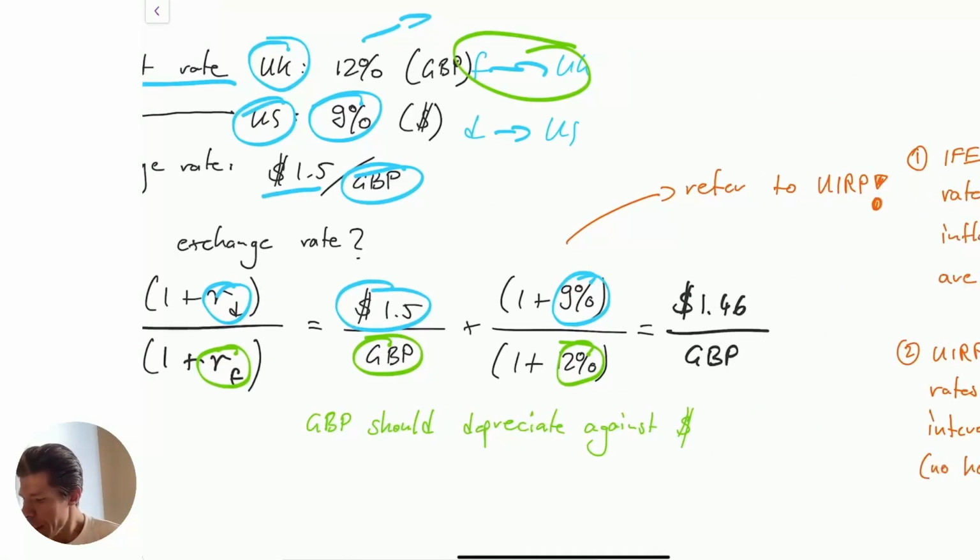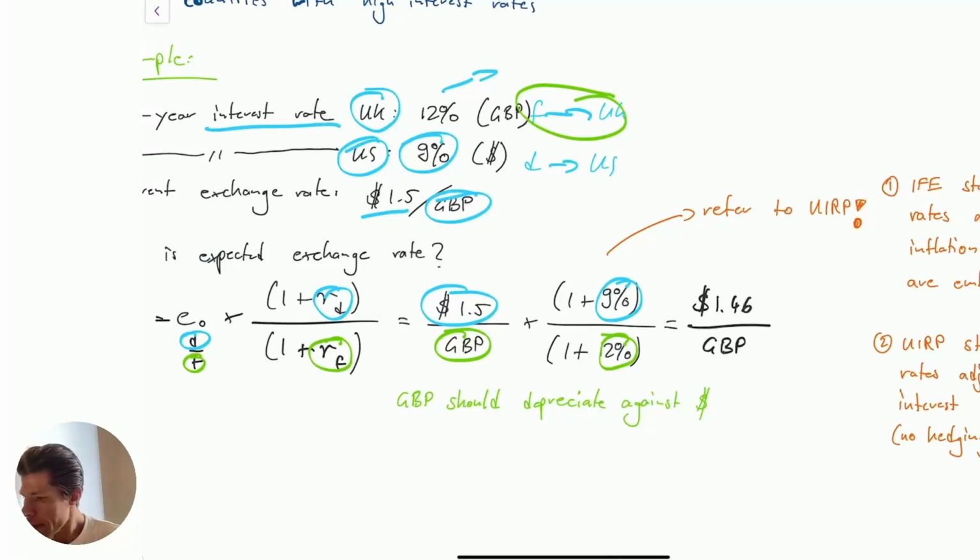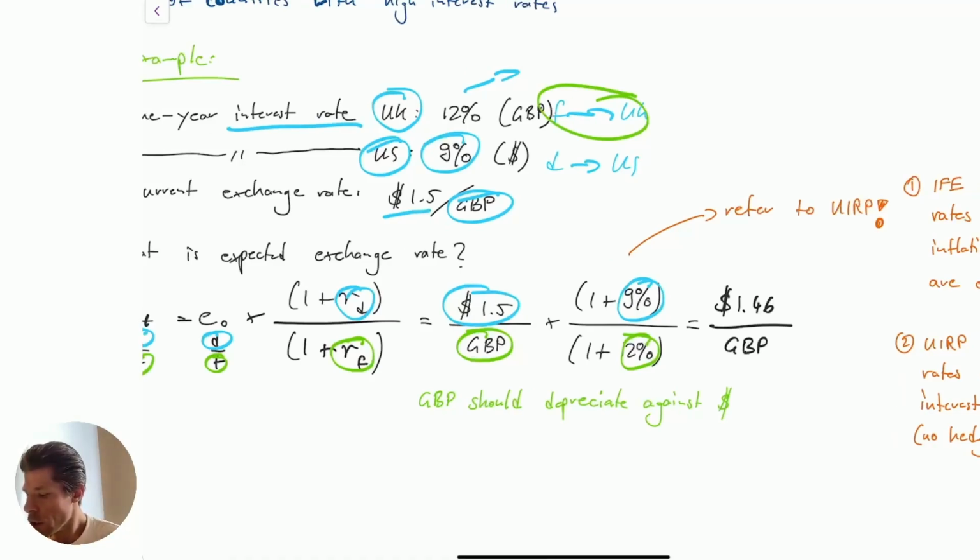Then you type it in your calculator, and what you see is the future expected exchange rate should be 1.46 US dollars per 1 pound, which means the number has decreased from 1.5 to 1.46, and GBP is our base currency.